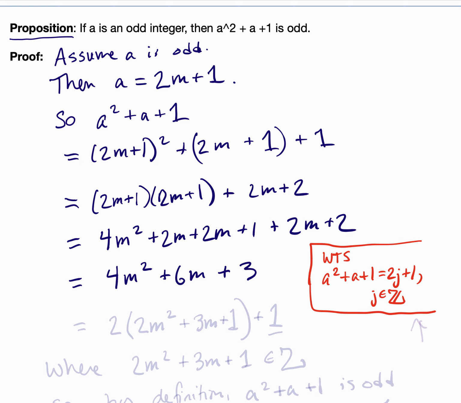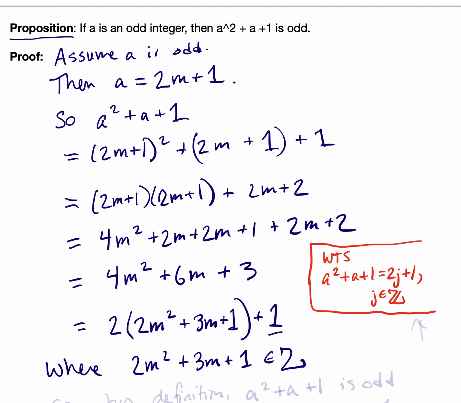So we want to have 1 by itself. So 1 plus, now can we factor a 2 out of the remainder? So we'd have 2 times 2m squared plus 3m plus, this was 3, we took one of them away, we have 2 remaining, so there's 1 times 2 left, where 2m squared plus 3m plus 1 is an integer.